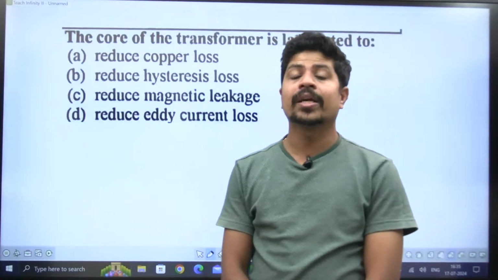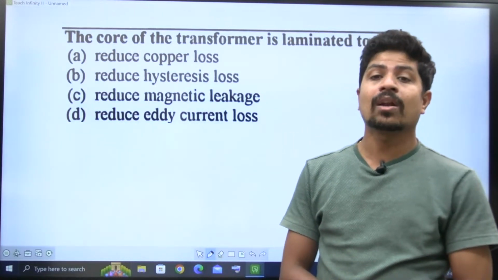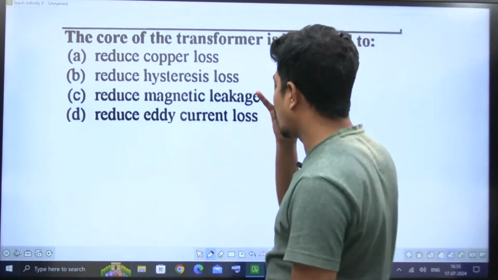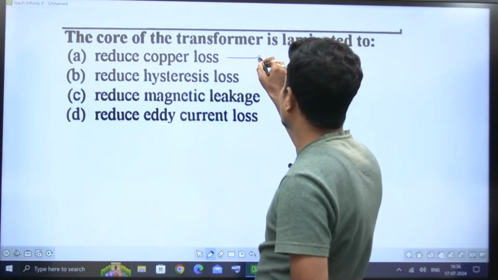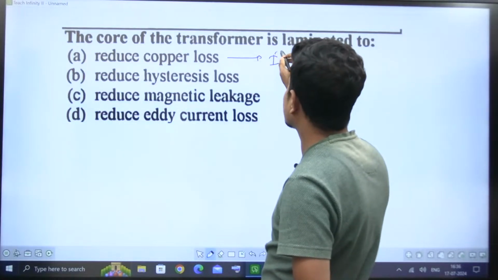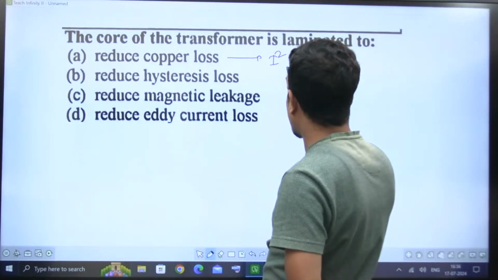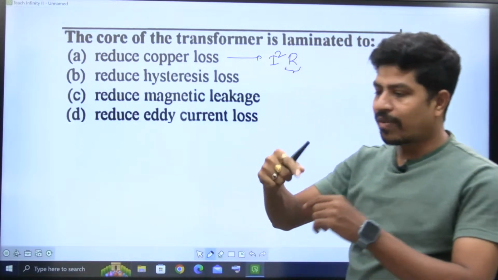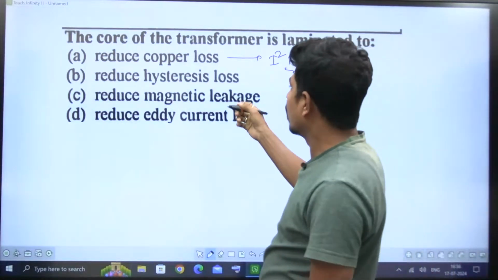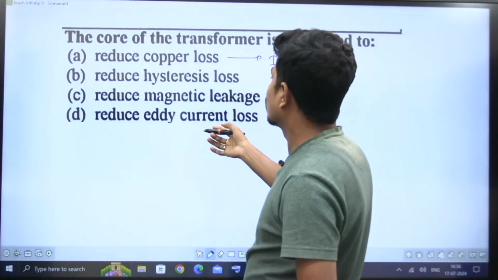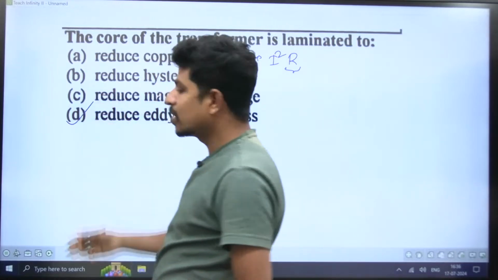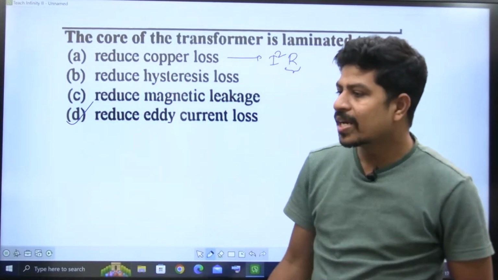We are laminating so that eddy current loss will be decreased. To reduce copper loss? Copper loss has nothing to do with the lamination. It is I square R, and this R is not core resistance, that R is winding resistance. To reduce hysteresis loss, no. To reduce magnetic leakage, no. To reduce eddy current losses, with laminations eddy current loss will be decreased.